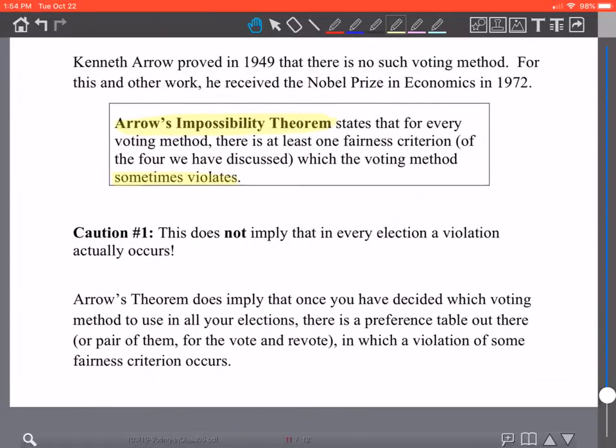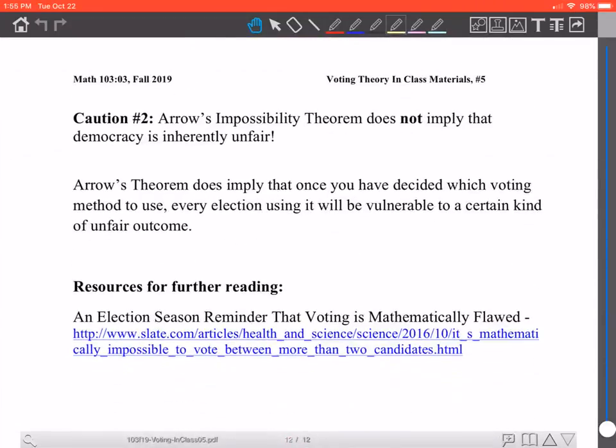So it's important to understand that this doesn't imply that democracy is unfair. It just means that every voting method is vulnerable to some kind of unfair outcome. Now remember, unfair and fairness, if you could see me with my air quotes, fair to who?